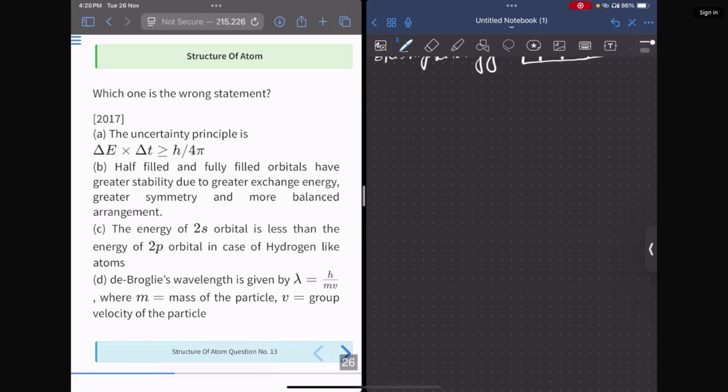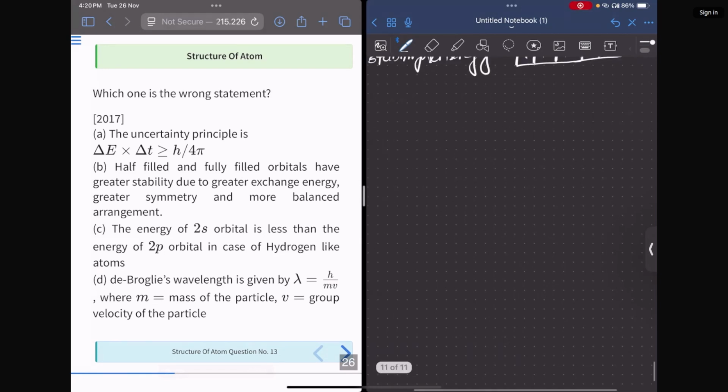Option C: the energy of 2s orbital is less than the energy of 2p orbital in case of hydrogen-like atoms. You'll be confused in these options. What is the energy formula of an orbital? n plus l. If there are orbitals like 2p, 3d, 4s, how will you find out which has lesser or greater energy?